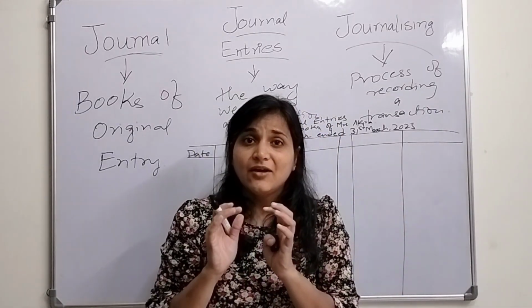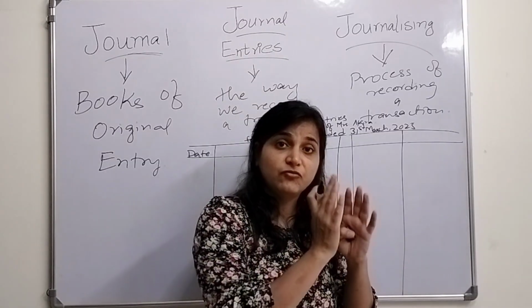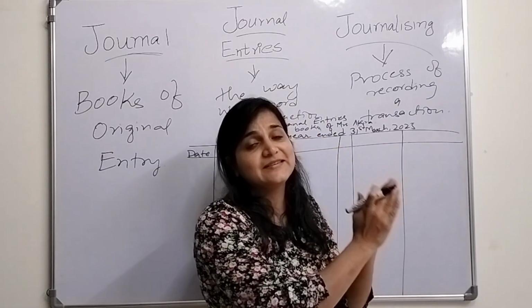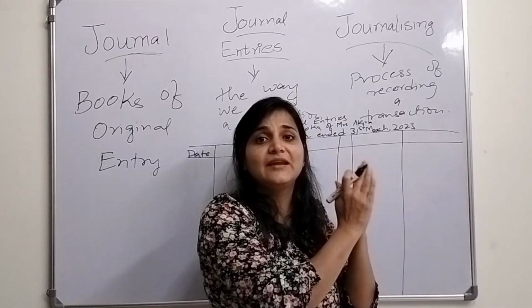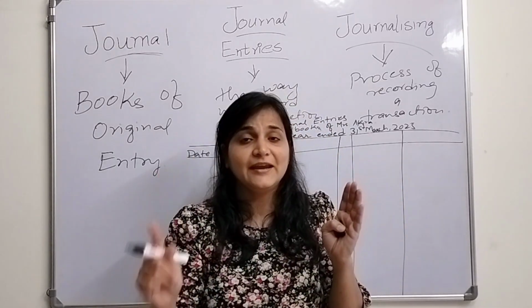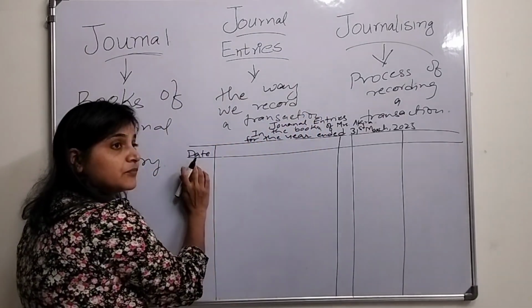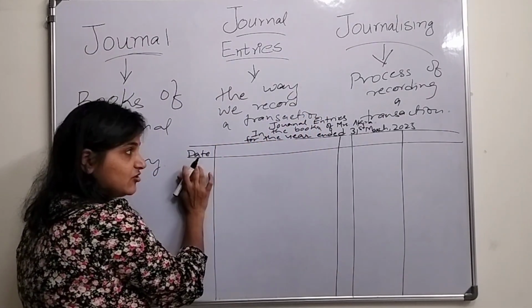Though he is recording the transaction today, the transaction happened yesterday. So he has to mention the date on which the transaction occurred, not the date on which he is recording it.